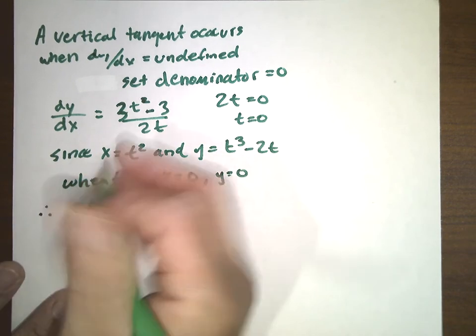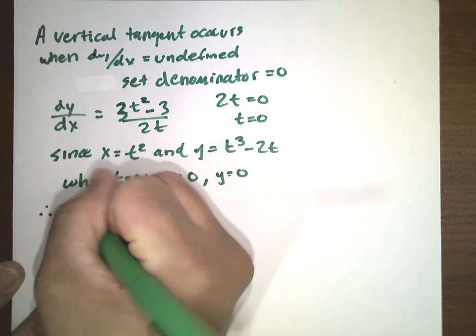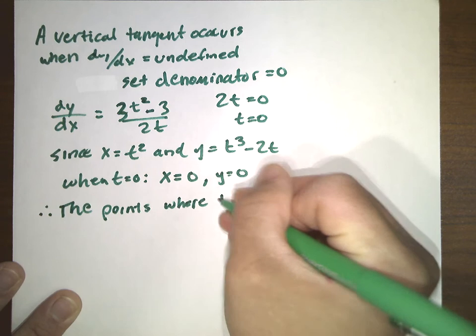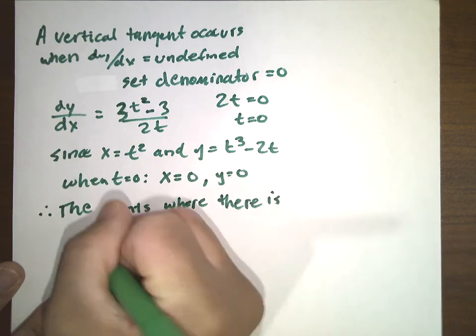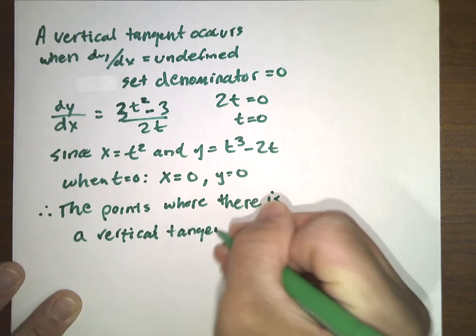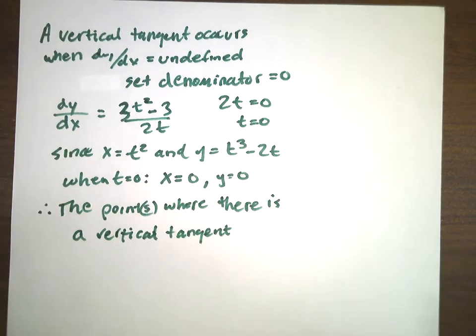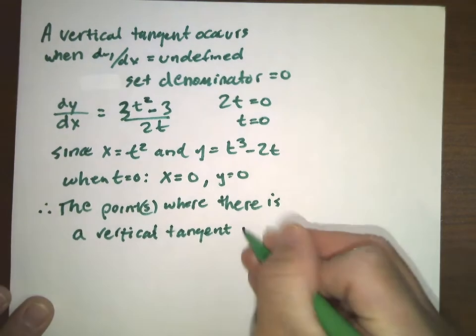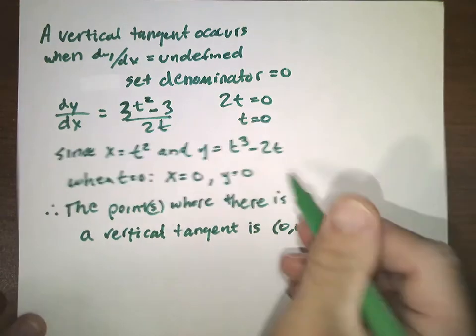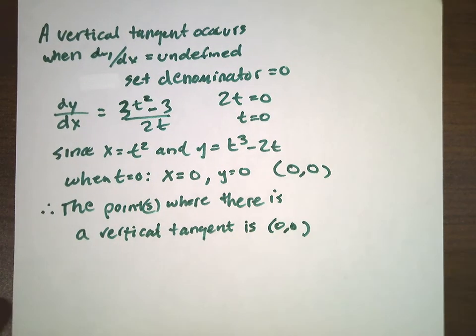So the point where there is a vertical tangent, because it's one point, is (0, 0). And in this case, t also happens to be 0 at that point.